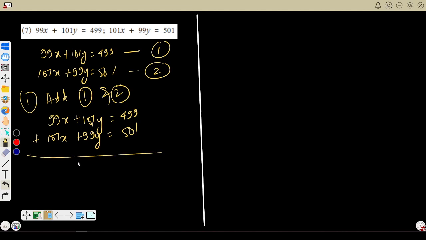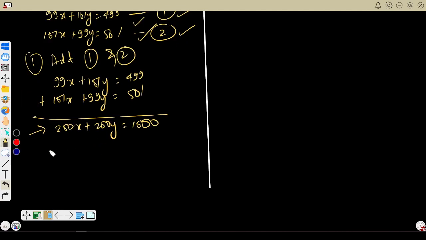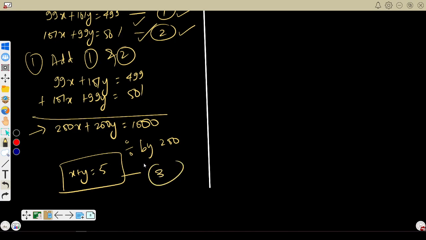If you add this, 99 plus 101 will give 200x, plus 99y plus 101y will give 200y, is equal to 501 plus 499 will give 1000. To simplify this equation, we can divide it by 200. Dividing this equation by 200, the equation will be x plus y is equal to 5. I mark this equation as 3.